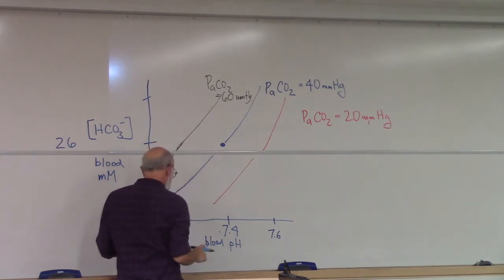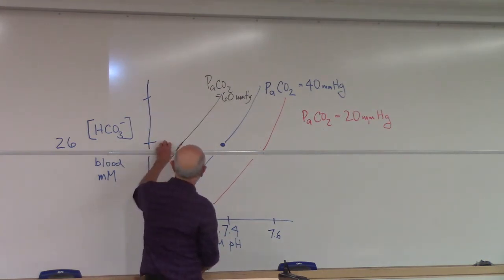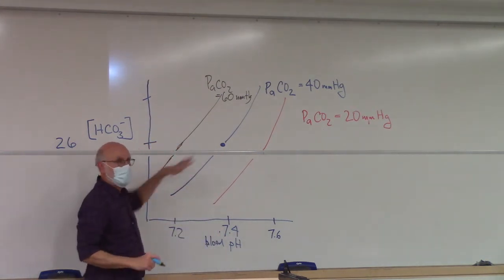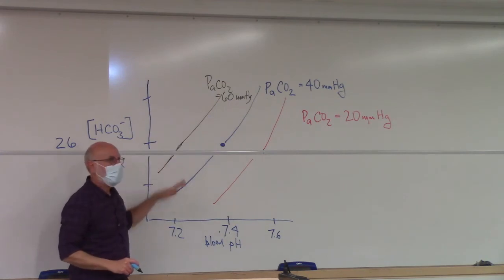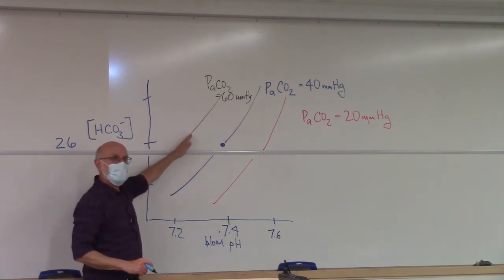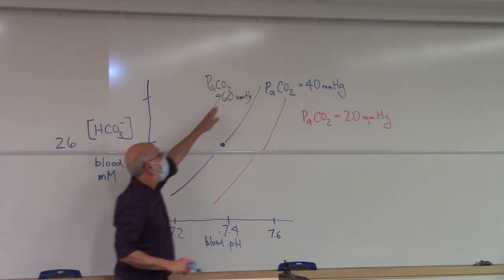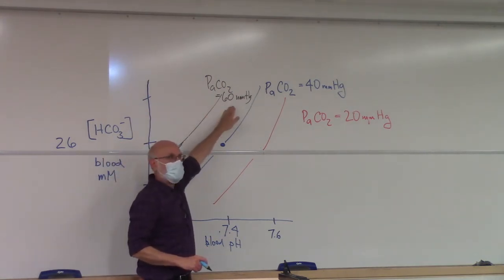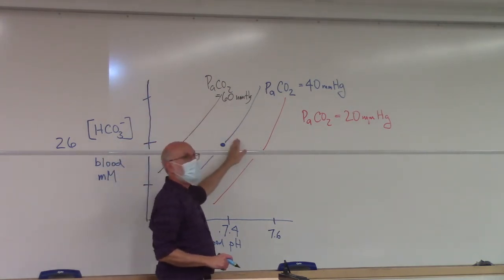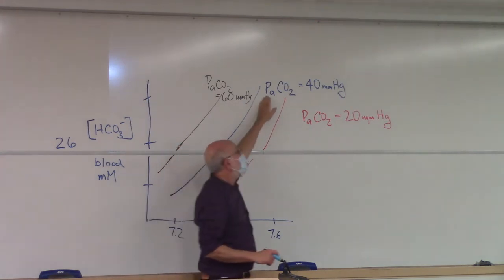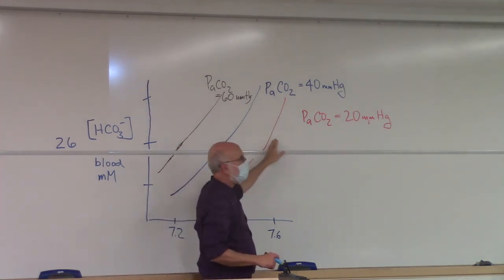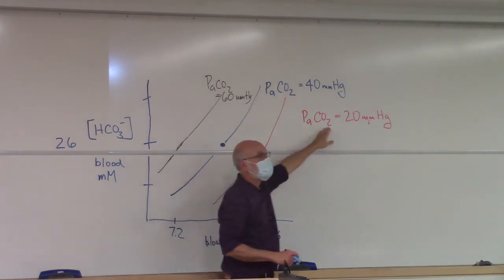It's a continuous line. This is the Henderson-Hasselbalch equation at this partial pressure of CO2. This is the equation at this CO2. This is the equation at this CO2.